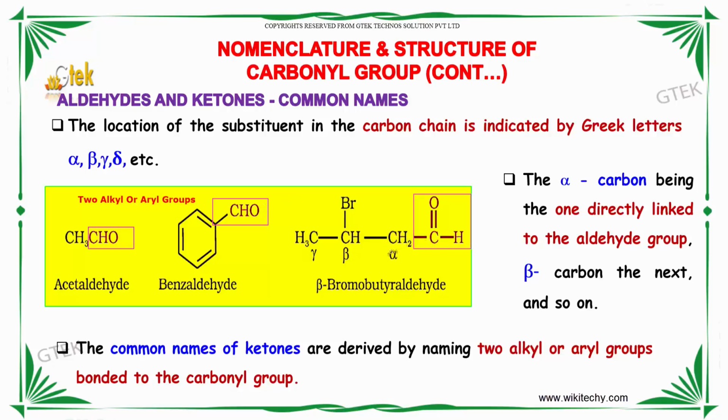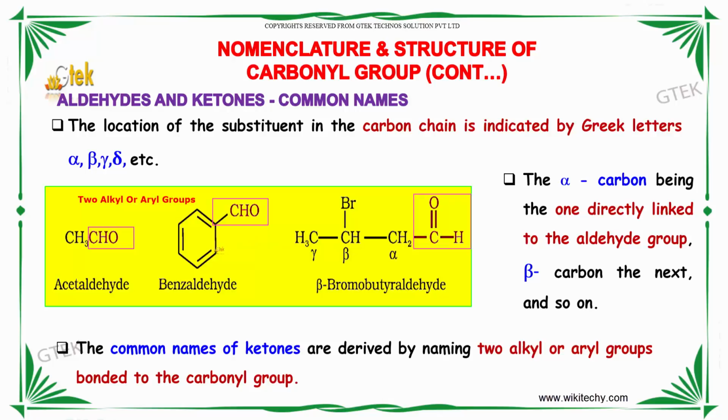This is the alpha carbon because it is directly linked to the aldehyde group. As we all know, the CHO is the aldehyde group here. Beta carbon is the next, and so on. So this is the gamma carbon, and if we have one more carbon here, that would be the delta carbon.